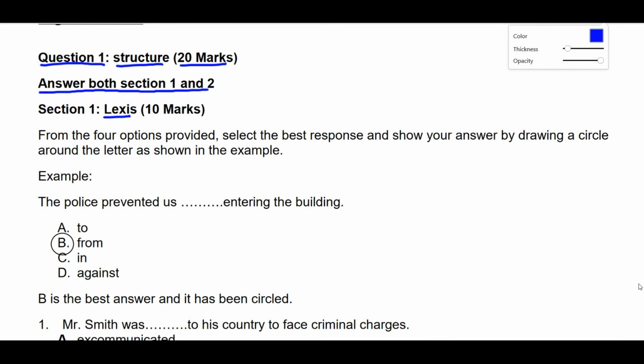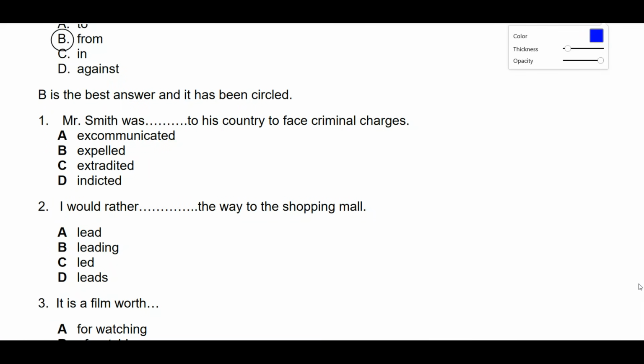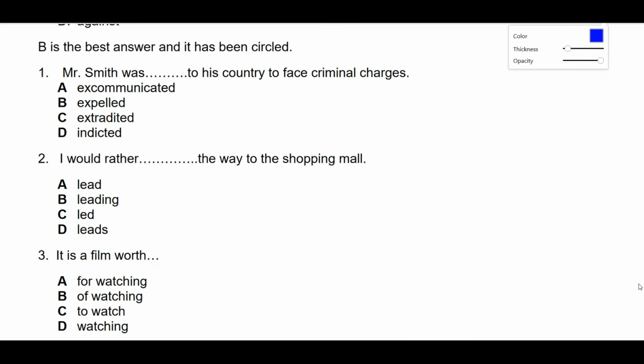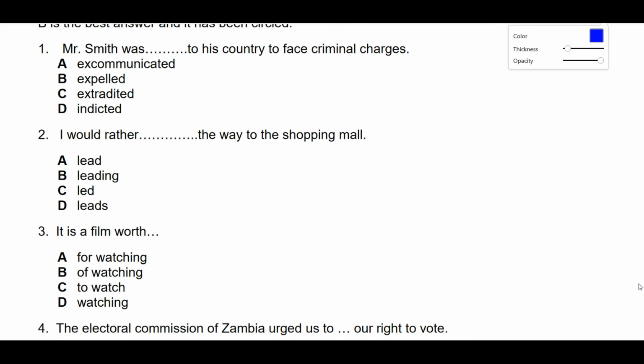So we are starting from question number 1. For you to answer questions like this, you need to know the meaning of the given multiple choices and the application of these words in real life conversation.